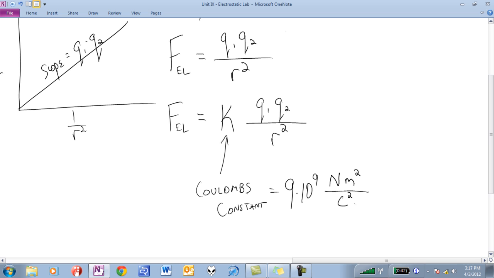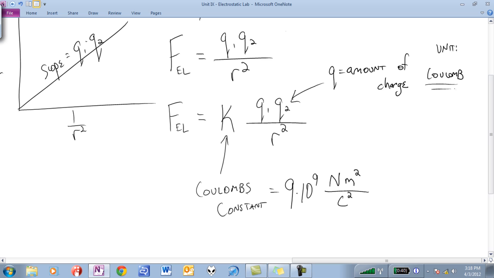We're going to talk about C in a second, because when you start looking at this q1 and q2, q represents the amount of charge. The unit that we measure amount of charge in is actually a coulomb. We'll talk more about conversion factors for coulombs.